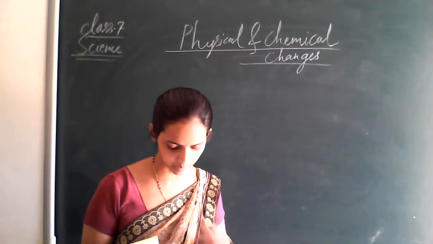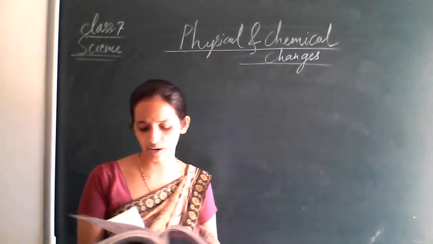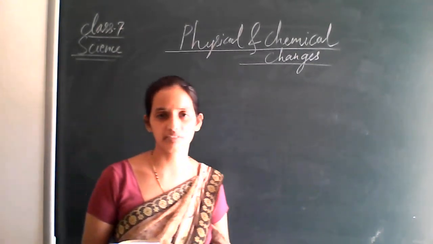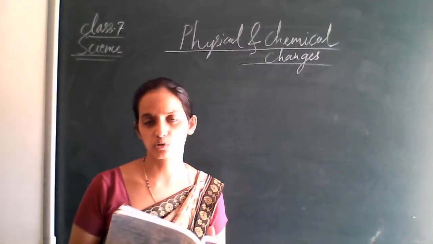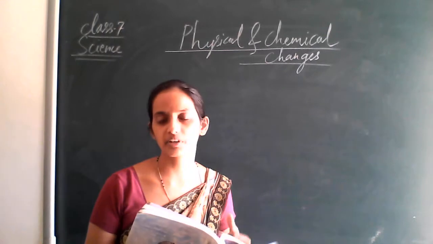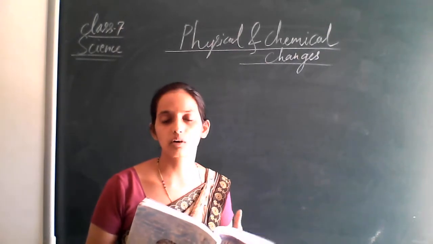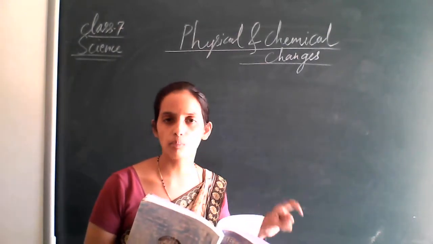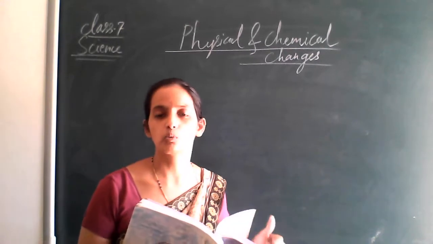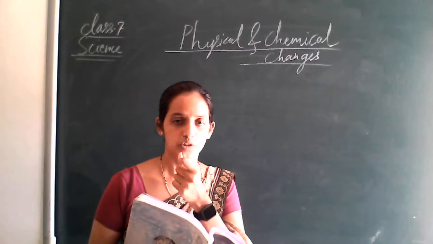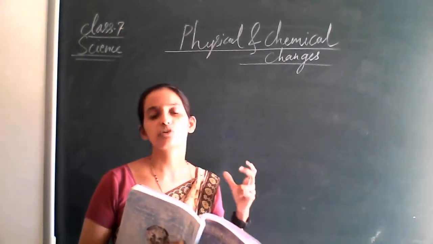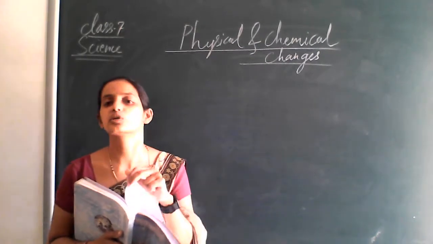And the second example you have studied is the copper sulfate solution. Initially your copper sulfate solution was blue in color, but when we add the metal, the iron, in the copper sulfate solution, what happens? The solution will change to green, right? So the blue color of your copper sulfate solution is turning to green.